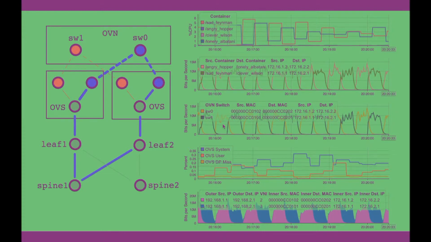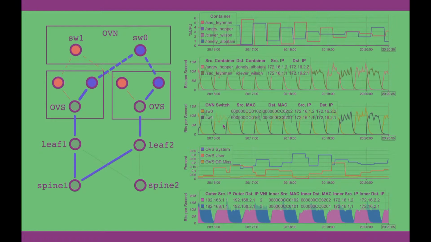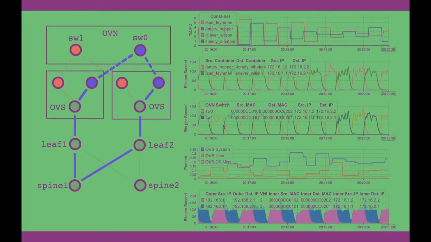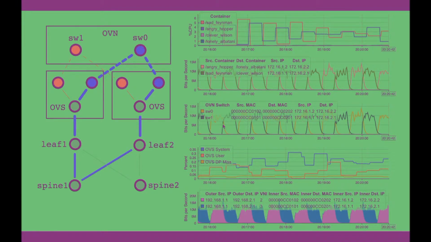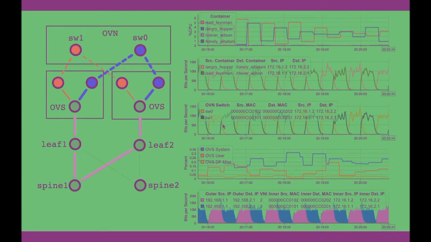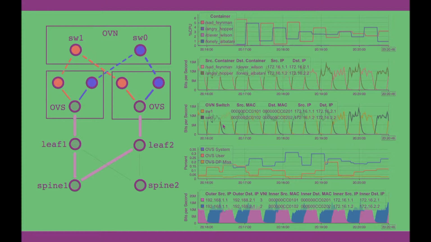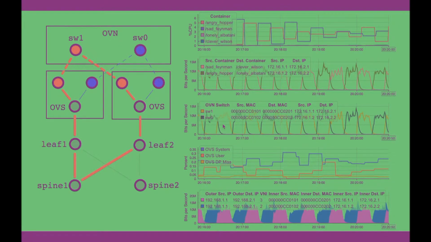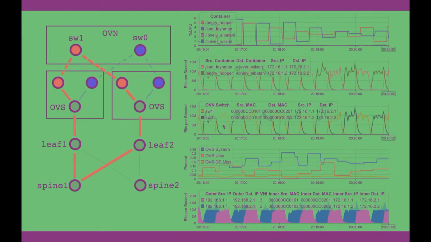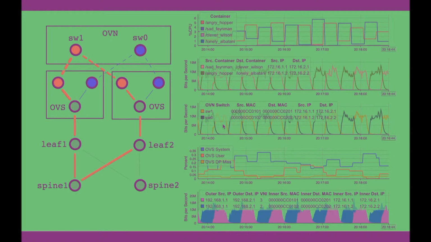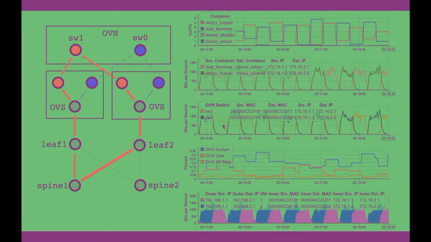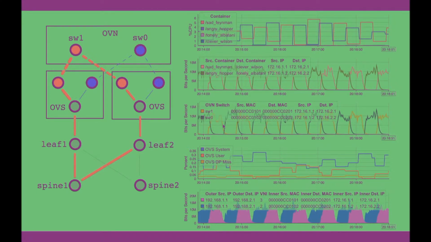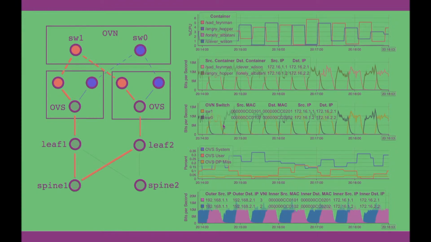Then the diagram in the middle shows you the OVN view of the world. It shows the logical switches, the MAC addresses associated with the logical switch ports, and then the IP pair flows as they traverse those logical switches. Below that, we get the performance metrics from Open vSwitch itself: the data path miss rate and the CPU utilization of the Open vSwitch instances.